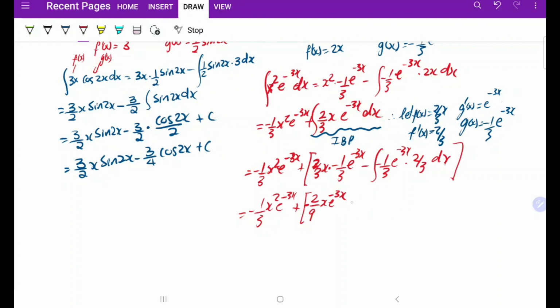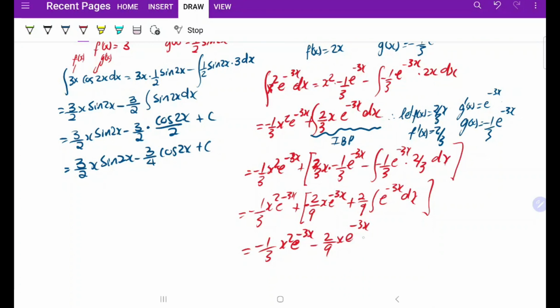So let's continue again. We have to find the integral of that. So this becomes 2 over 9, and this becomes the integral of e to that. And I think simplifying that, it now makes sense that our solution is given by this minus 2 over 9 x e to the minus 3x.